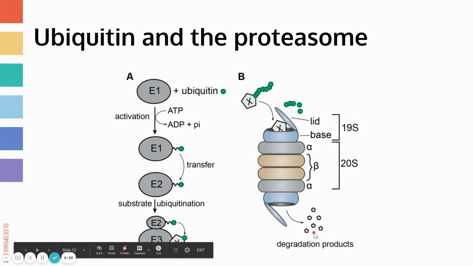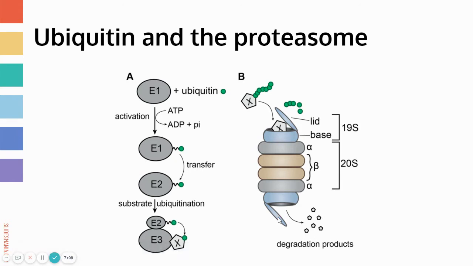amino acids even. Not just any protein can go into the proteasome, you have to be sent to the proteasome. So you have to be targeted to the proteasome. And the way that you get targeted to the proteasome is with a molecule called ubiquitin. So ubiquitin is just this little tiny molecule, and it can be attached onto a protein, and usually it's a chain of them.